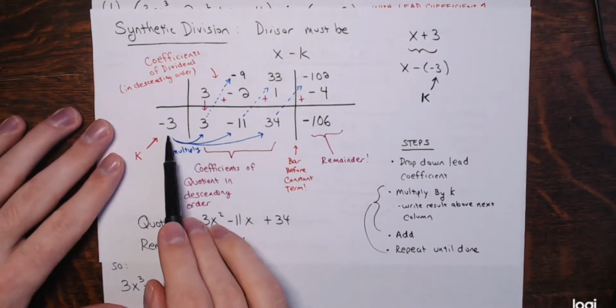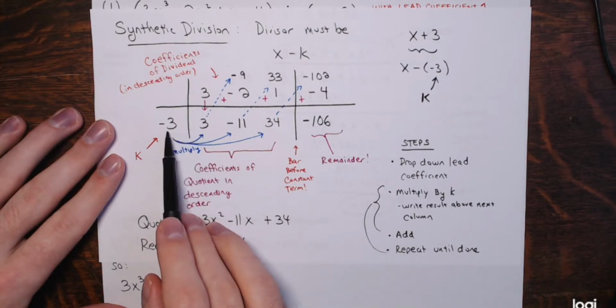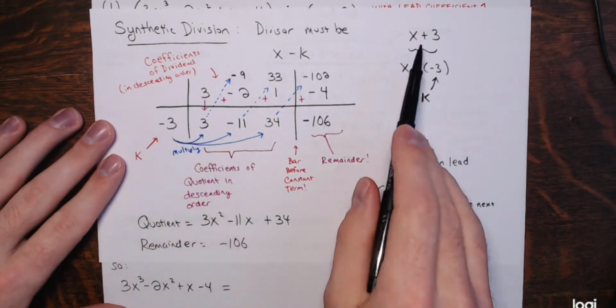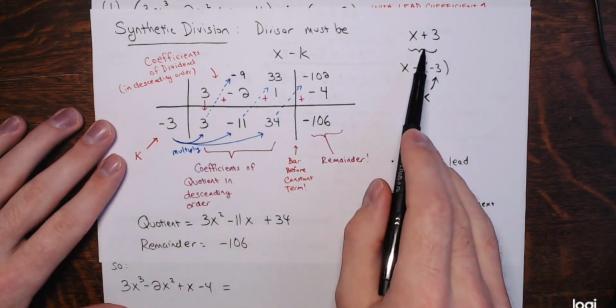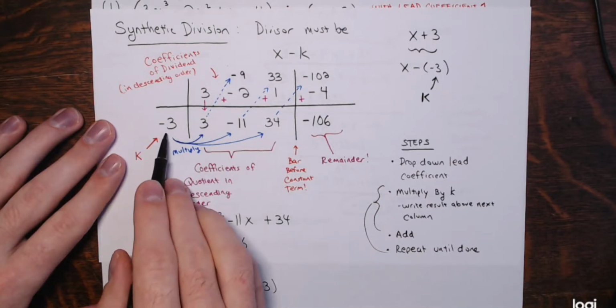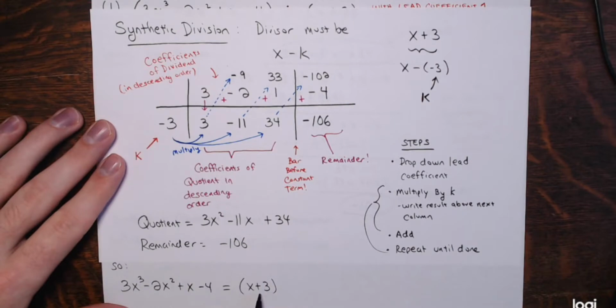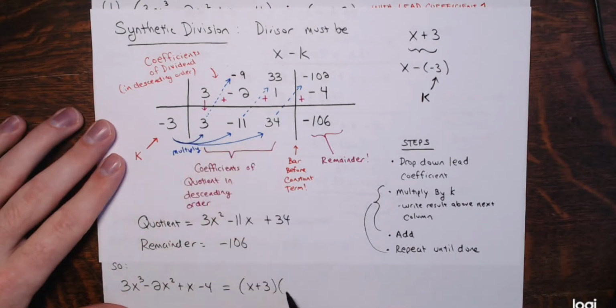If there's a negative 3 here to the left of the bar, that means you were dividing by x plus 3. Remember, it's x minus k, and if k is negative 3, that means you were dividing by x plus 3. So the divisor, x plus 3, times the quotient, 3x squared minus 11x plus 34, and then plus the remainder, plus negative 106.